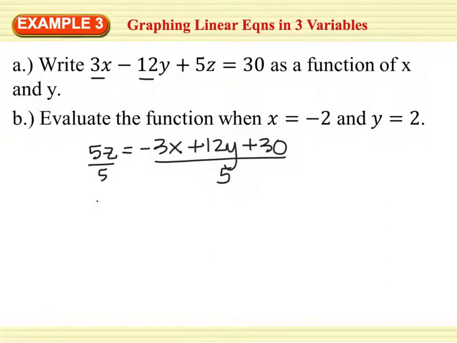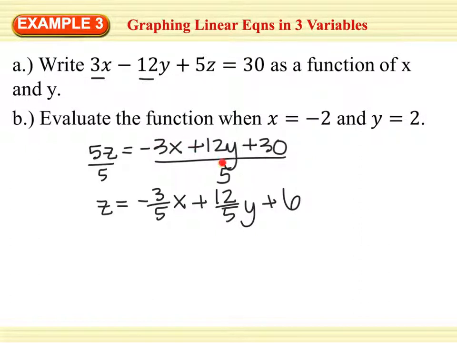So now I'm left with z equals a negative 3/5 x plus 12/5 y plus 6. And I got that by dividing each piece out by that 5.